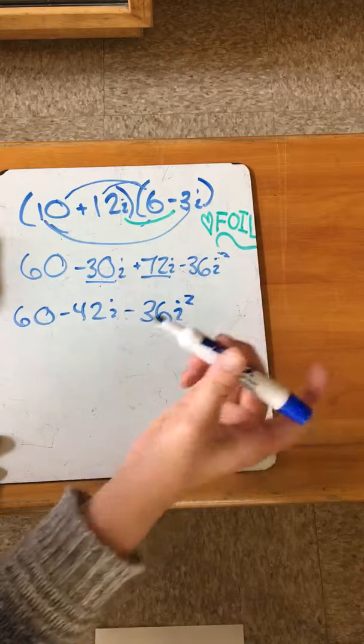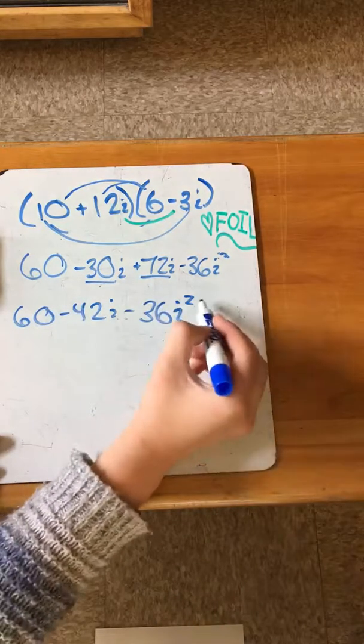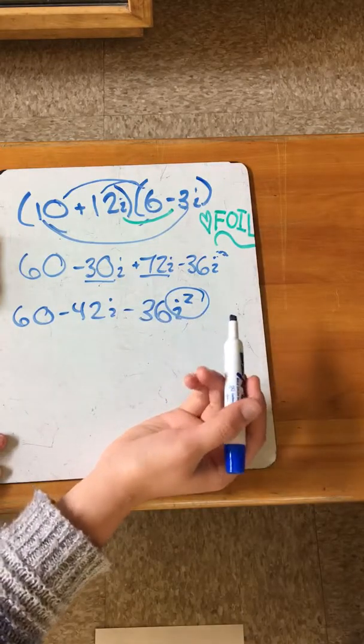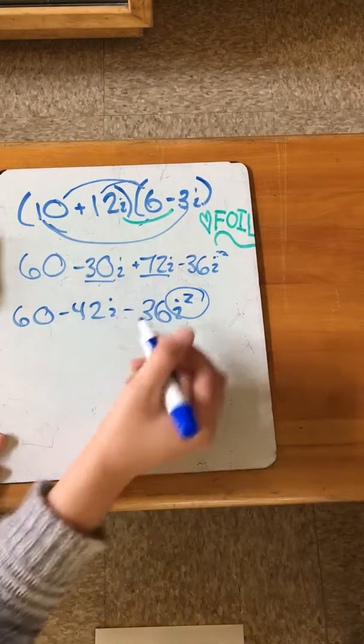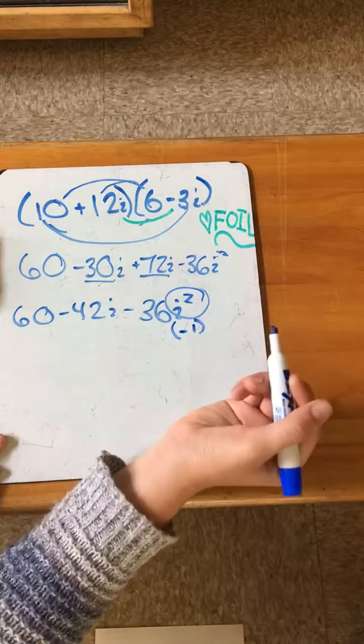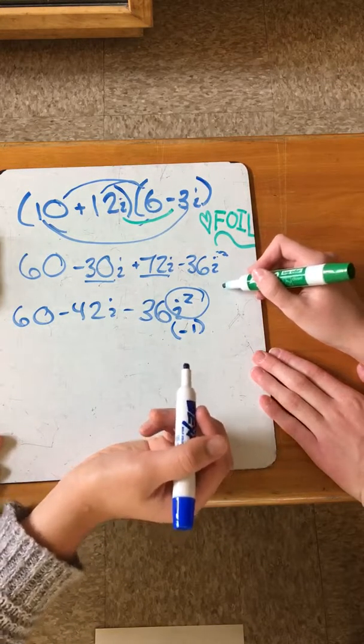And if you look, there's an i squared here. So it may look like there's nothing more you can do with it, but you have to rewrite it as multiplying by -1, because i squared equals -1.